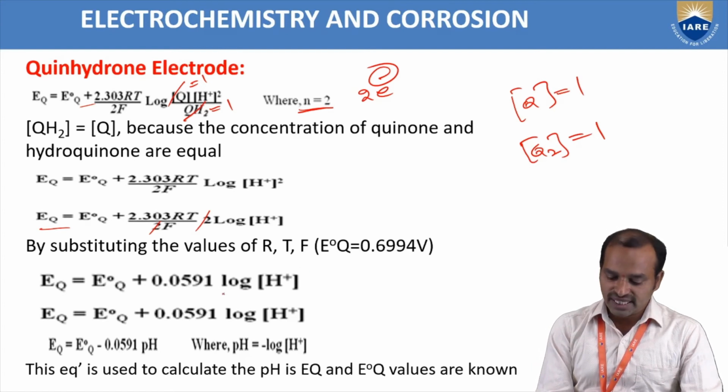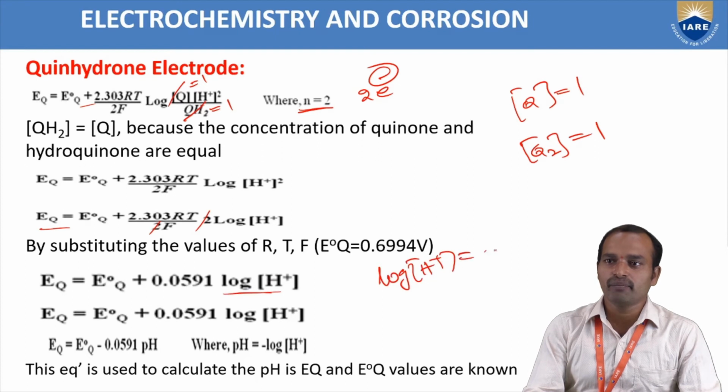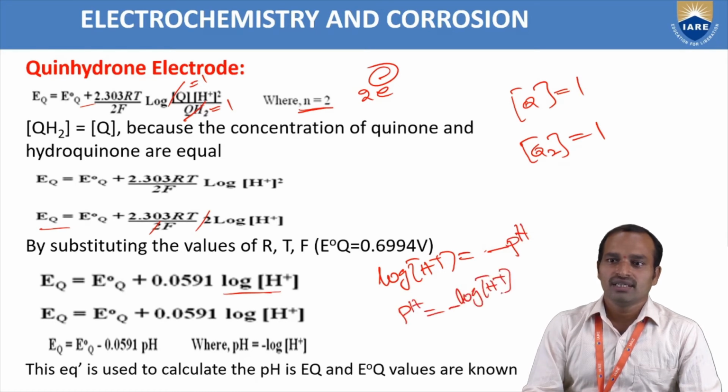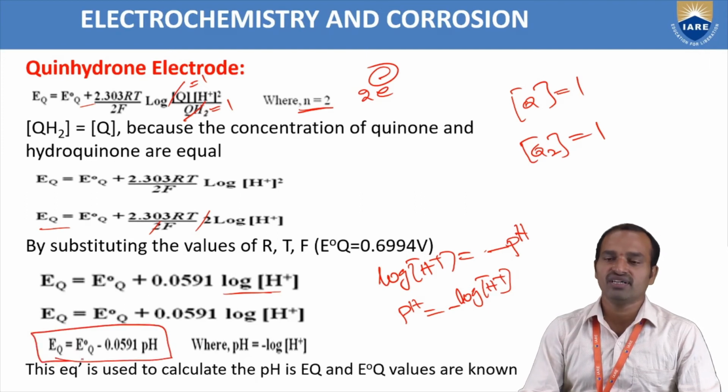Here log H plus is written as minus pH. What is pH? pH means the negative logarithm of hydrogen ion concentration. So EQ is equal to E naught Q minus 0.0591 pH. So this is the final equation of a quinhydron electrode.